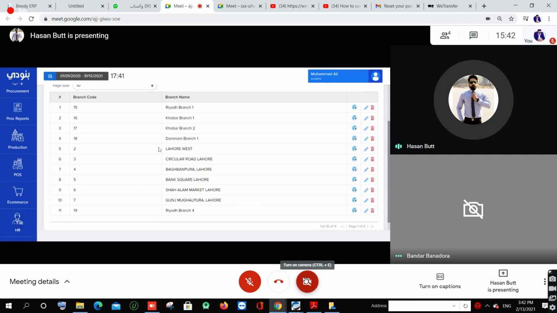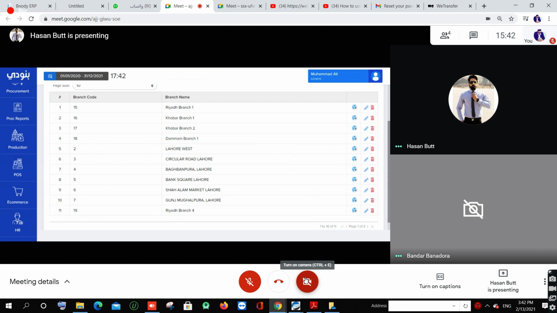So this is the HR. You can add here all the branches of your company. No problem for that, because it is generating the salaries, it is generating the attendance record system. So it is working beside the ERP working.